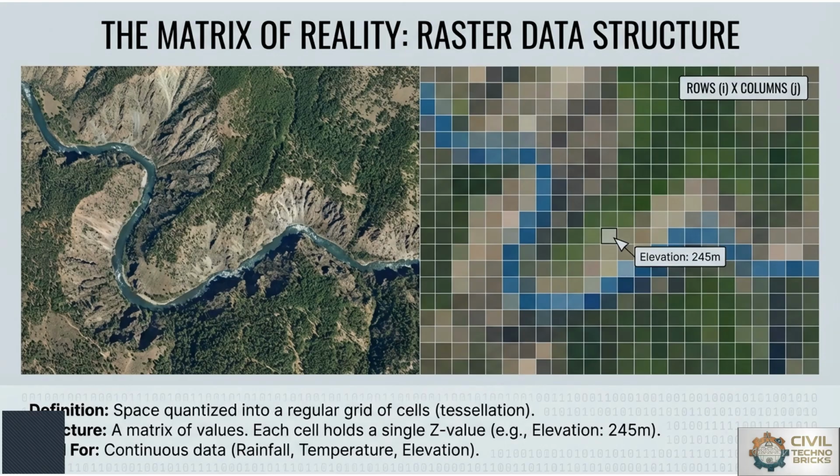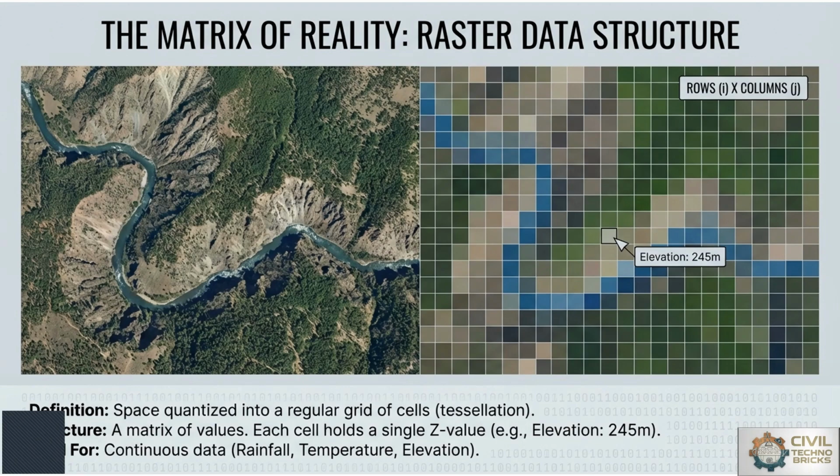The space is quantized into a regular grid of cells, which is also known as a tessellation, where the satellite image is converted into rows and columns based on some color coding system, and we can check the elevation at any cell or at any pixel by just clicking on that cell.